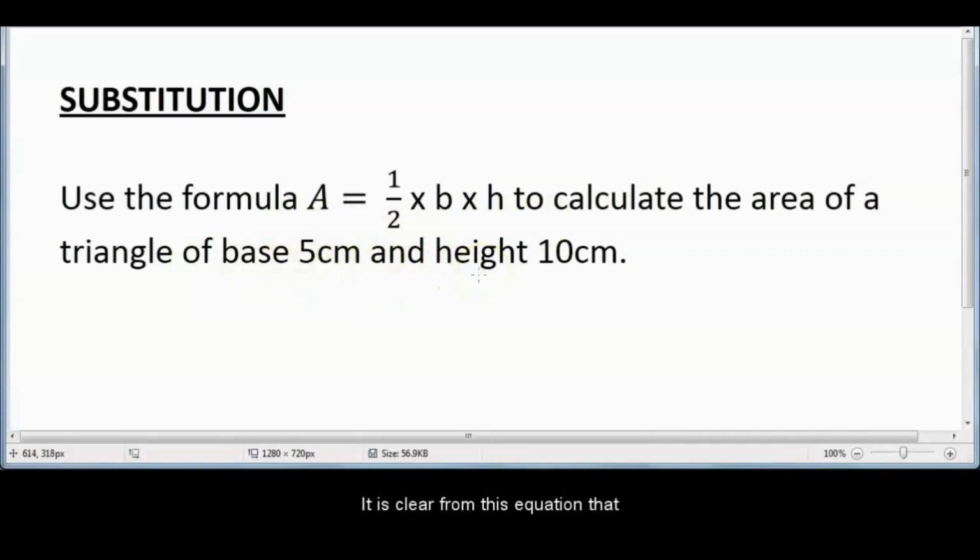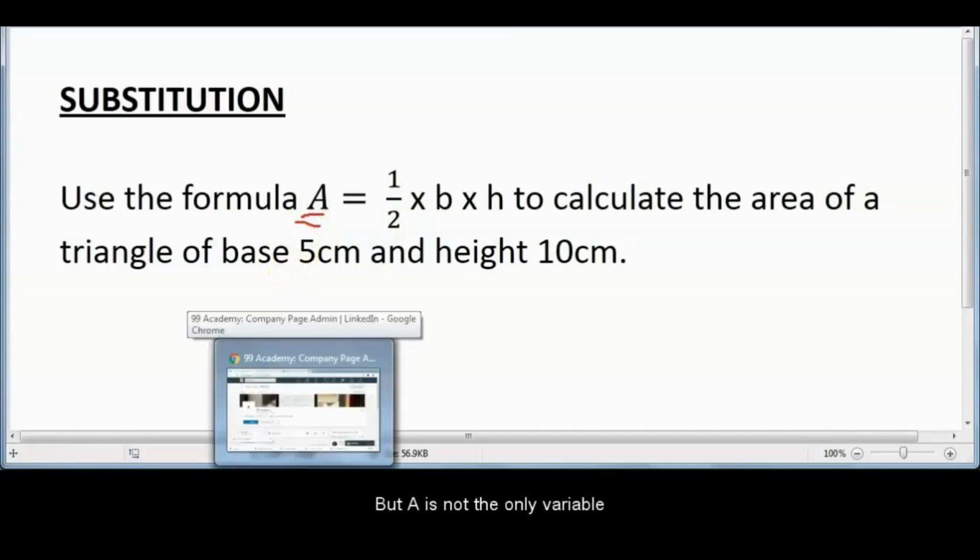It is clear from this equation that A is the subject of the formula. It also stands for the area of the triangle. But A is not the only variable.